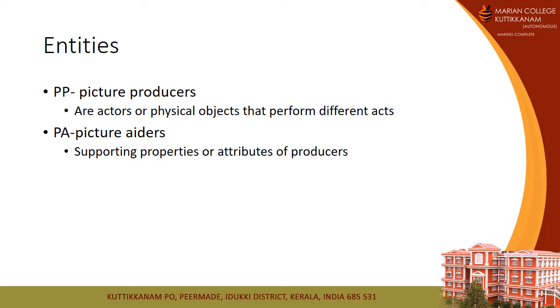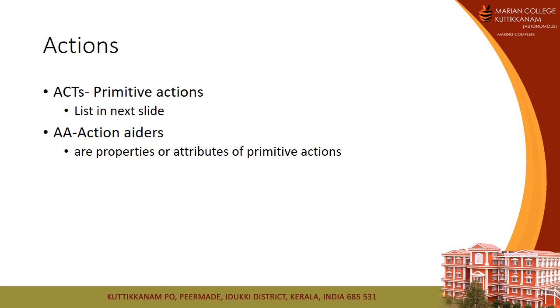PP stands for picture producer, actors or physical objects that perform different acts. And the second type is PA, known as picture aider, supporting properties or attributes of producers.